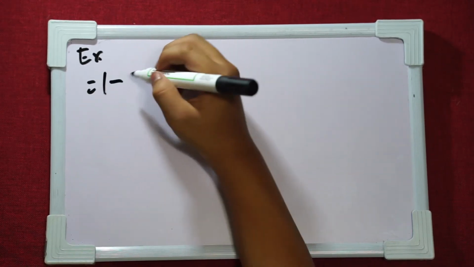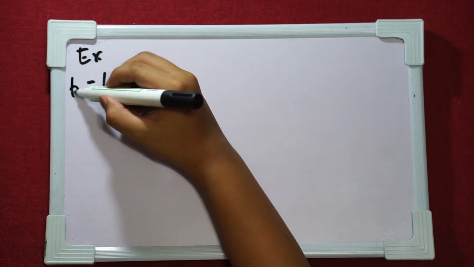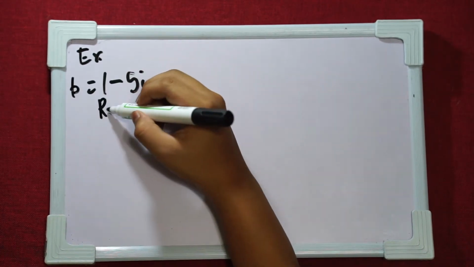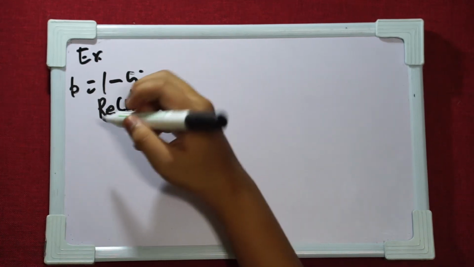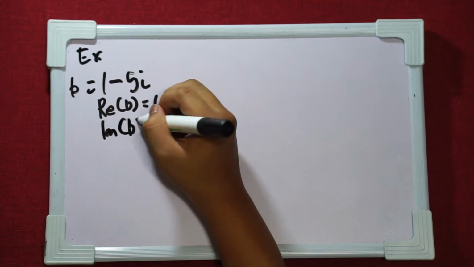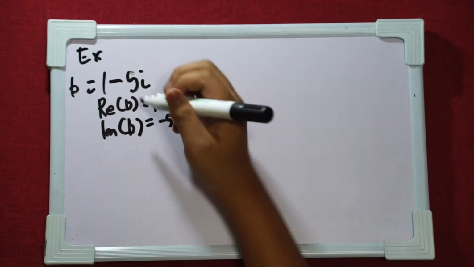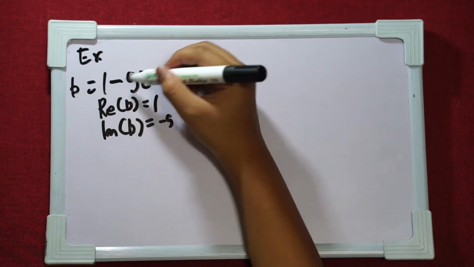Another example would be 1 minus 5i. We can call this b, and the real part of b is 1, and the imaginary part of b is negative 5, because this sign indicates that 5 is negative.